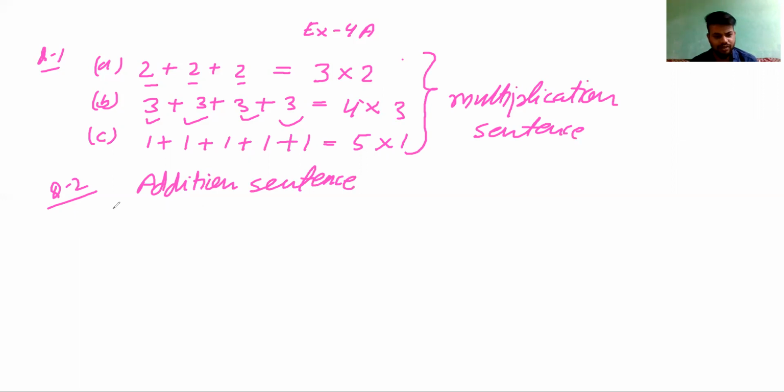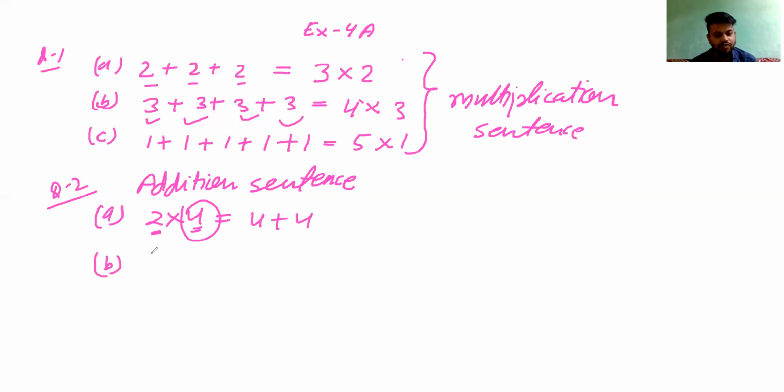So how are we going to do that? Part 1, 2 into 4. So how many times do we have to write 4? 2 times. So we will write 4 plus 4. This is the answer.